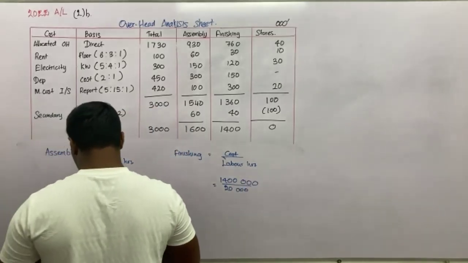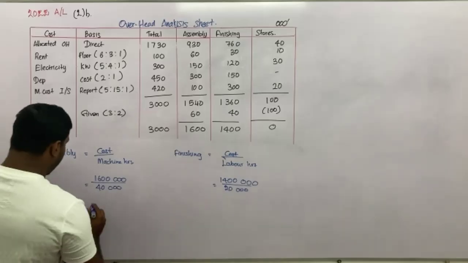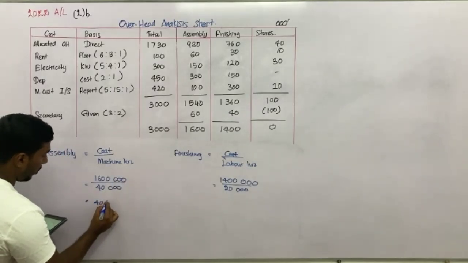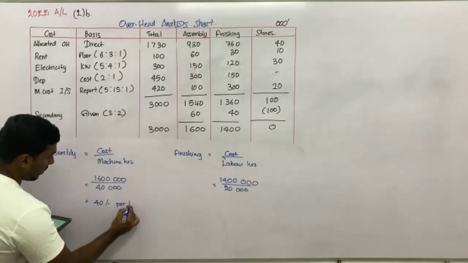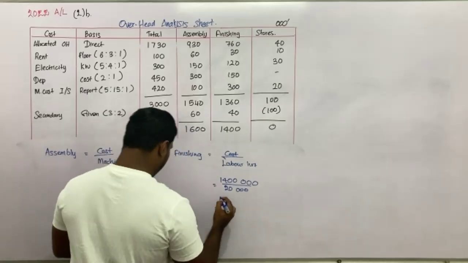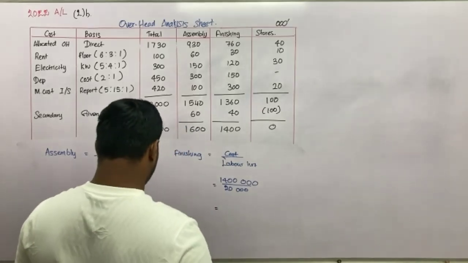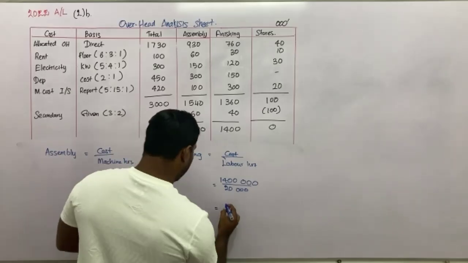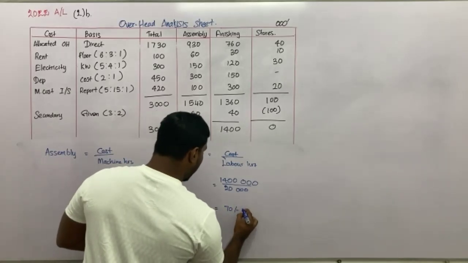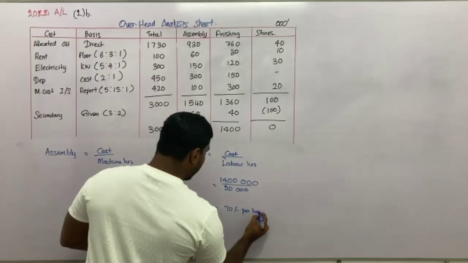So after dividing, you can get 40 rupees per hour. ₹70 per hour.